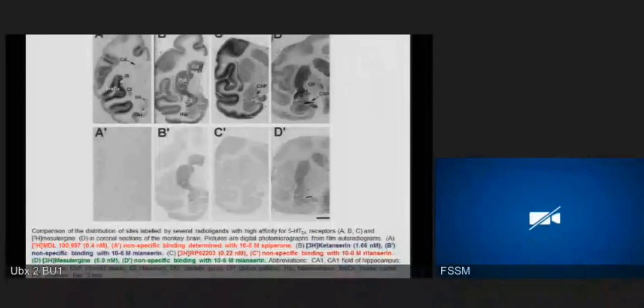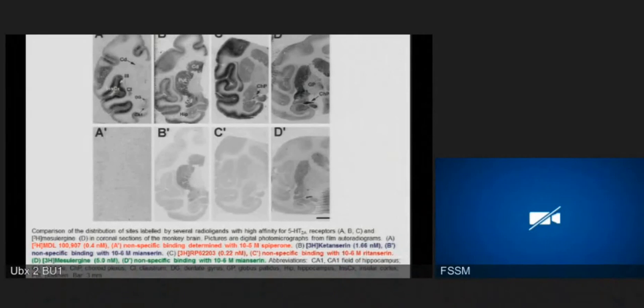So it means that we have a huge labeling in the caudate putamen that won't be associated to serotonin 2A receptors, but which would be due to the binding of ketanserin on something else.